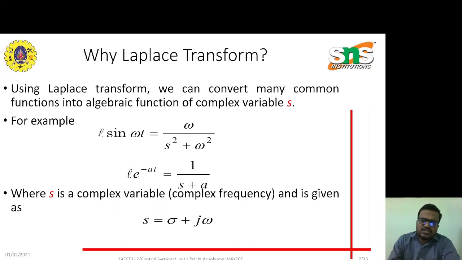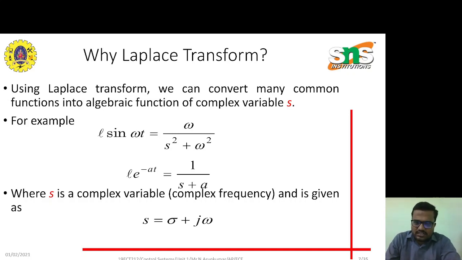The Laplace transformation is necessary because we are going to get the output by the system function. In order to transfer the signal by a system function, we go for the Laplace transformation. Some properties are there for converting one signal into another signal.